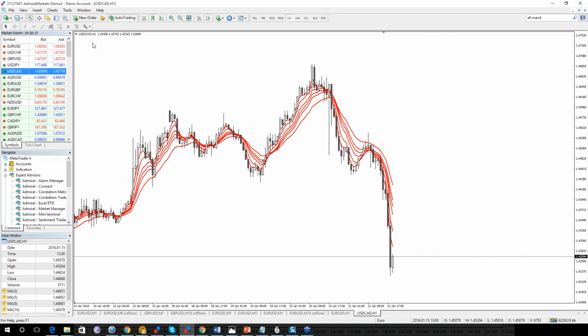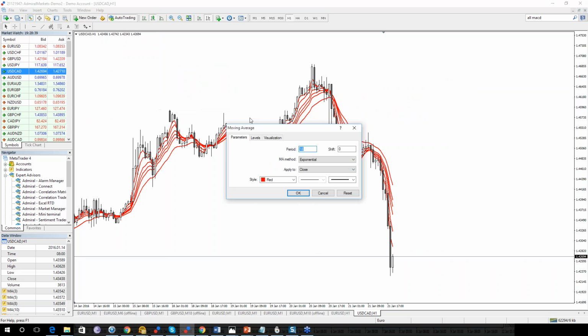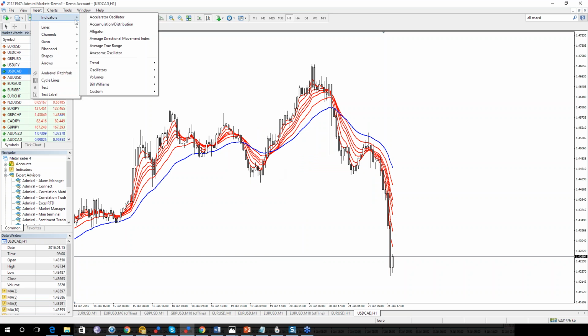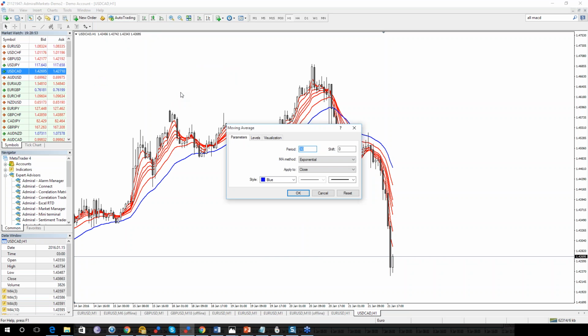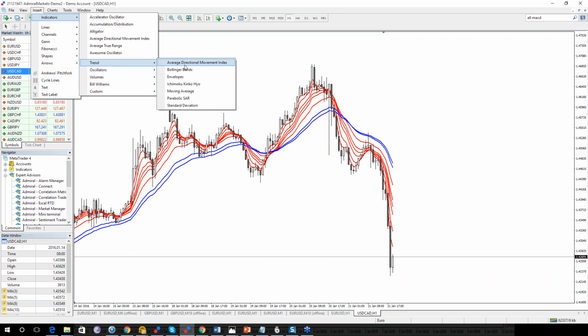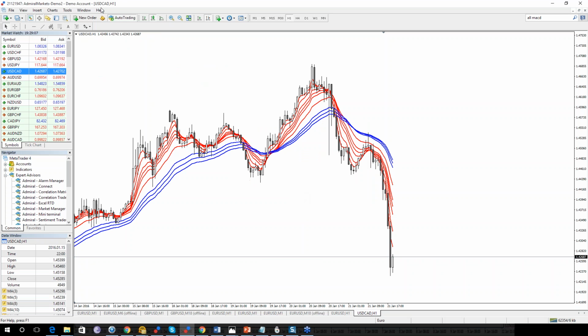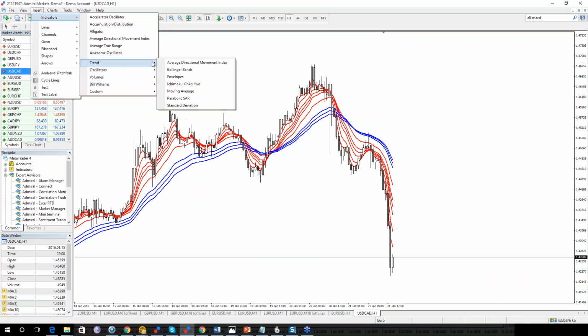Now let's use a longer-term moving average. First one is 30. Exponential, but blue. 35. 40. 45 is next.